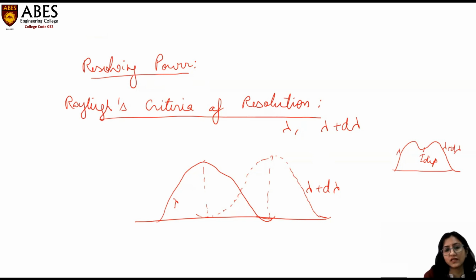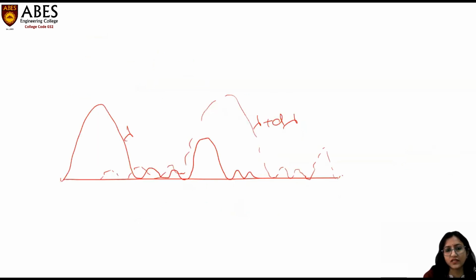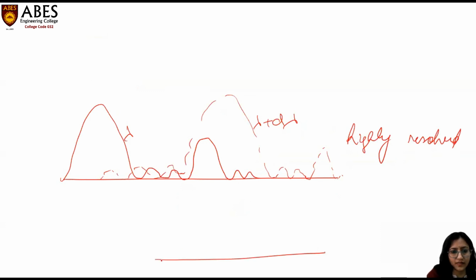If the spectral lines are even closer, then the case will be not resolved. This is the case of highly resolved. For the not resolved condition, I am going to have this type of pattern. In this case, the maximum of one is not falling on the minimum of the other. This is the maximum of lambda, and this is the maximum of lambda plus d lambda.